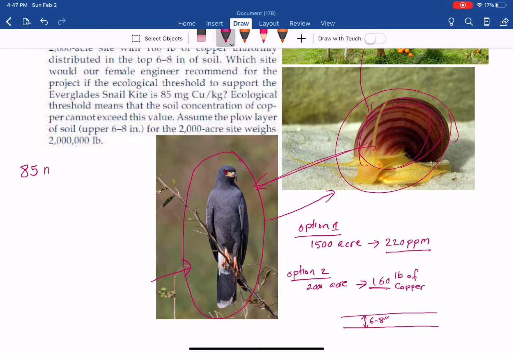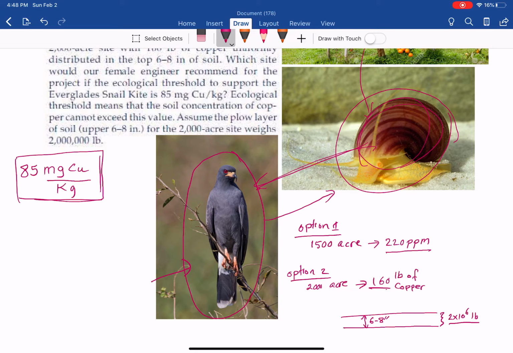You should not go beyond this. This is the regulation. Ecological threshold means that the soil concentration of copper cannot exceed this value. Assume that the upper 6 to 8 inches of soil for the 2,000 acre site weighs 2 million pounds.